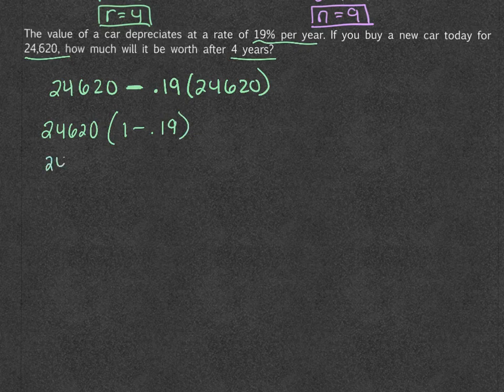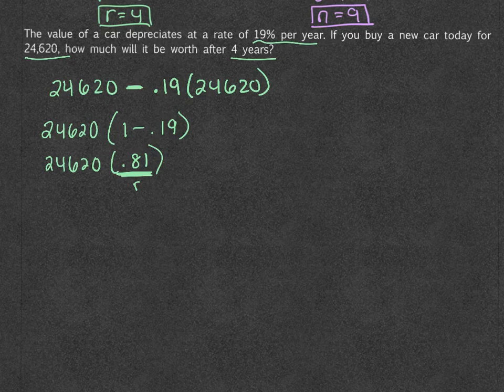And then if I reduce that further, then I get 0.81. So what this means is I am retaining 81% of the value each year. So after the first year, it's only 81% of what was initially there. And in the second year, we would do that again and again. So this value, 0.81, is my value of r.